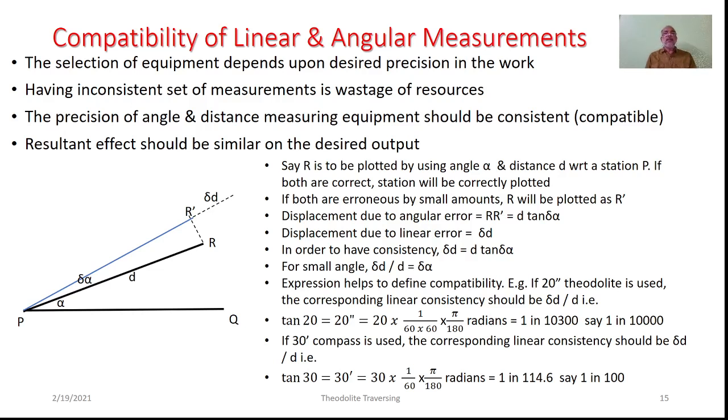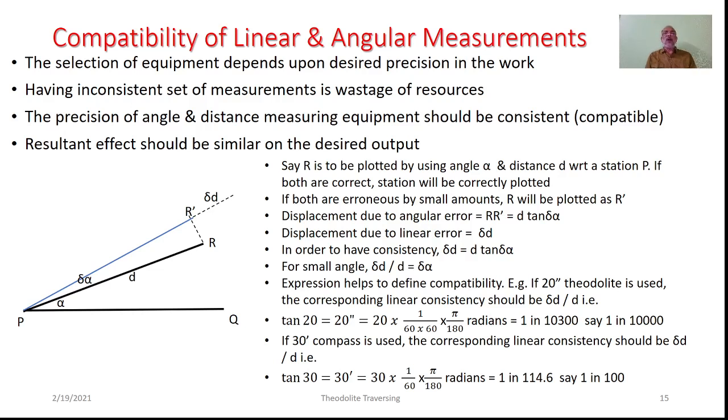As such, the precision of the angle measurement as well as the distance measuring equipment should be consistent, that is, they should be compatible with each other in order to have a similar resultant effect on the desired output.